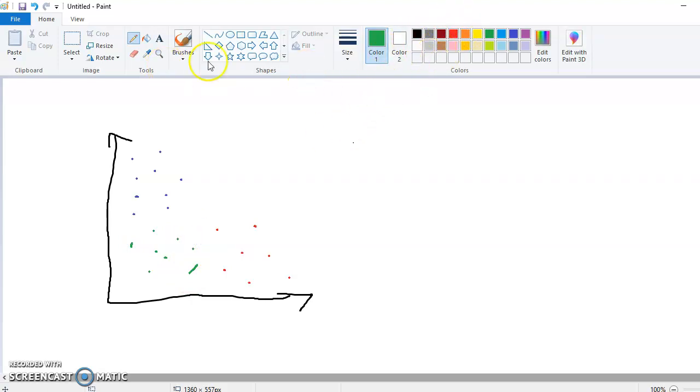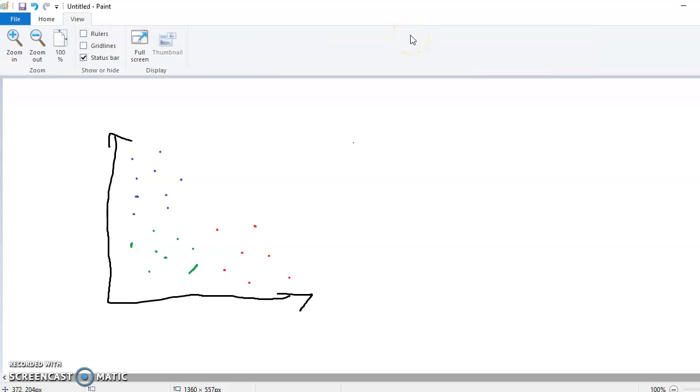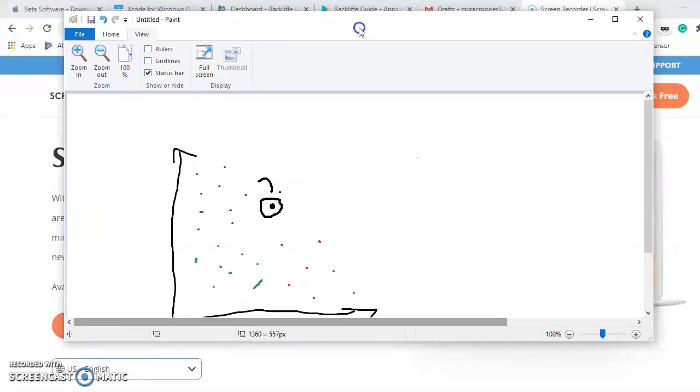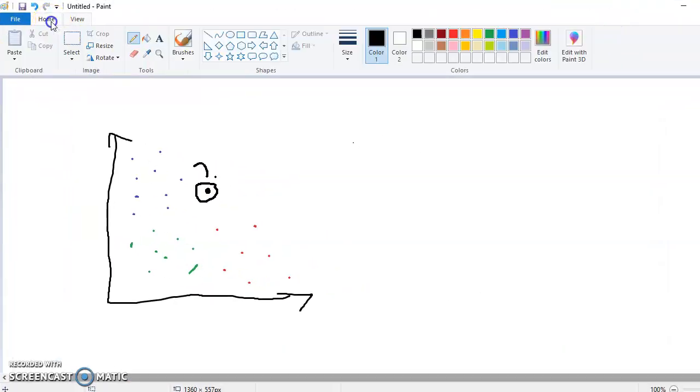Okay, so now that we have those, let's say we have this dot right here. And now let's say we don't know the class of this dot, and we want to classify it. Okay, so that actually isn't too hard to do. So again, how K nearest neighbors works is K, our value K, is basically the amount of neighbors.